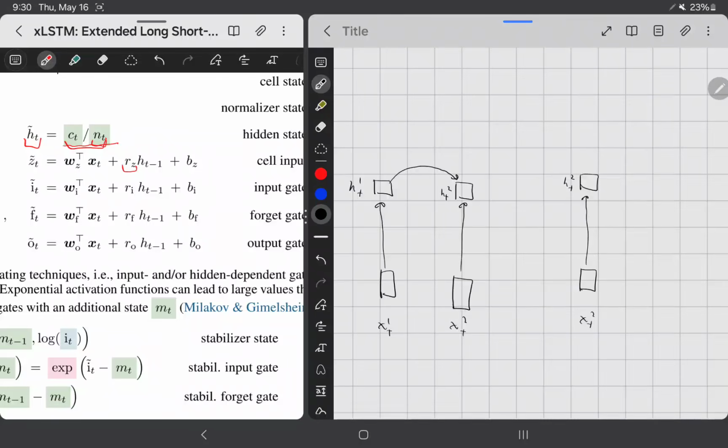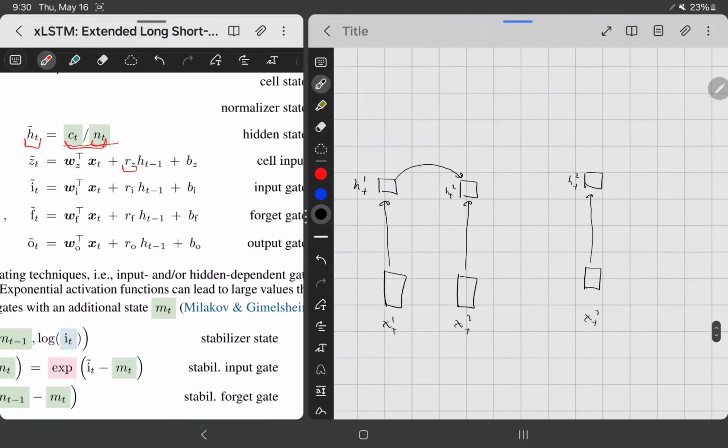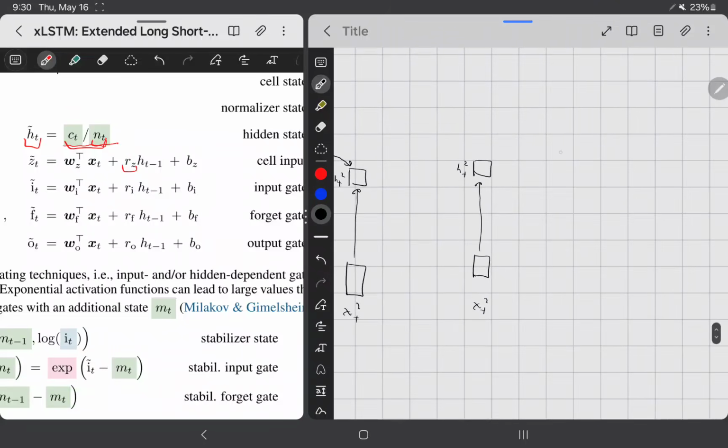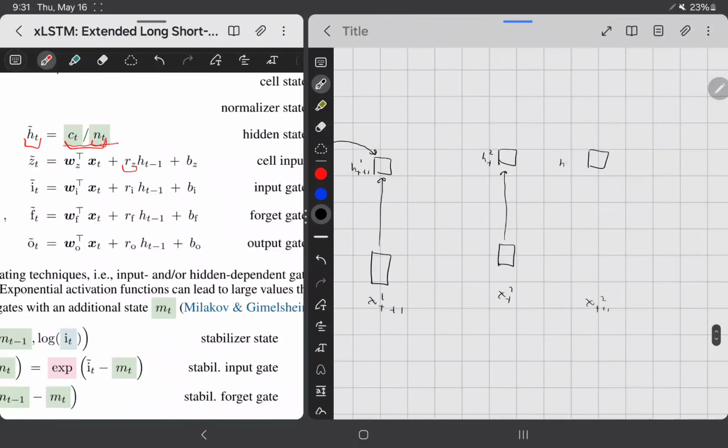It doesn't really look like a vector, but there. So the next hidden state is composed of the previous hidden state and the current vector. Same with this one here, xt plus 1, 2, x1, t plus 1, ht plus 1, h1 and h2 at t plus 1. I'm getting my notation mixed up.